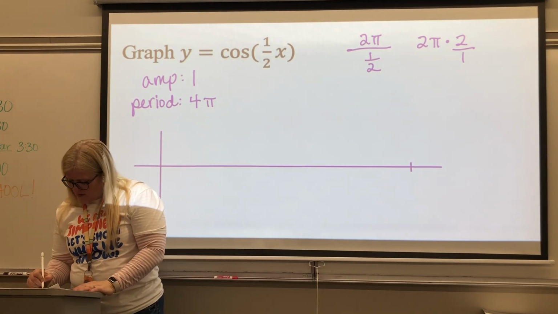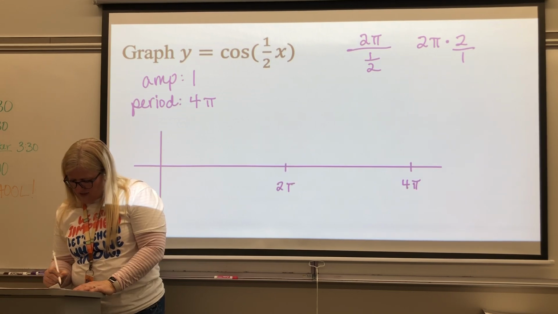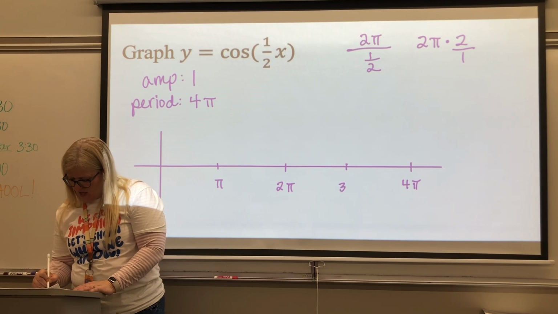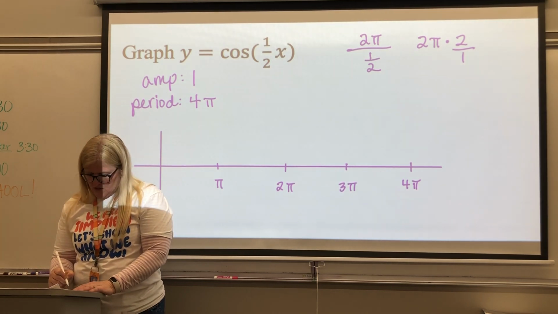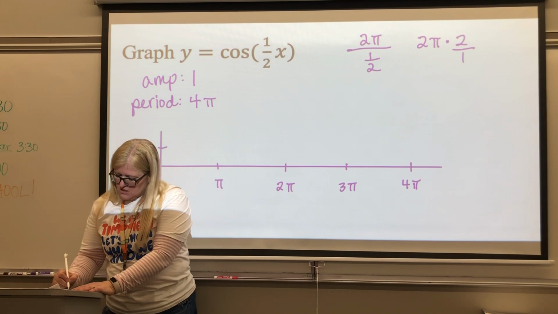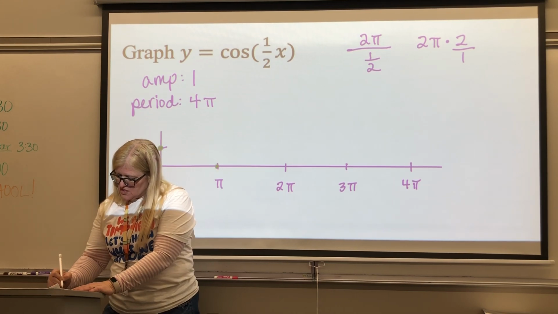Okay, so I'm going to put 4 pi way out here. Here's 2 pi. I cut that in half. I'm going to cut it in half again, cut it in half again. Here's 1-ish, okay, -1, and it starts up here so I can coast down.